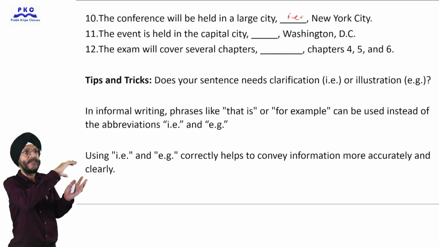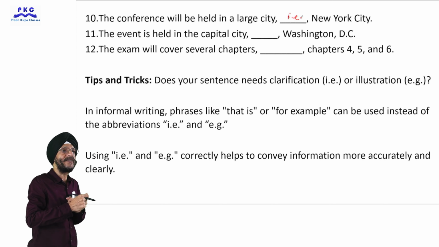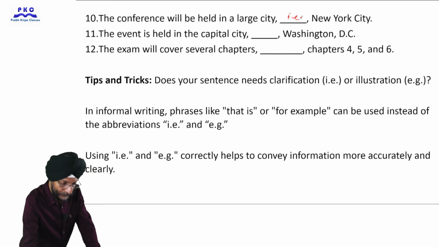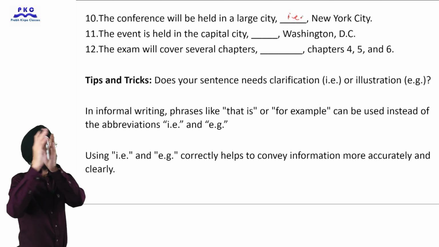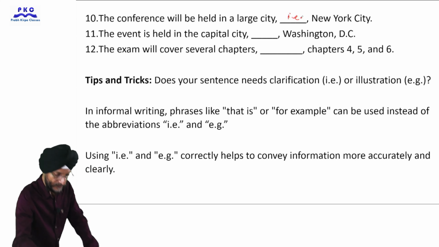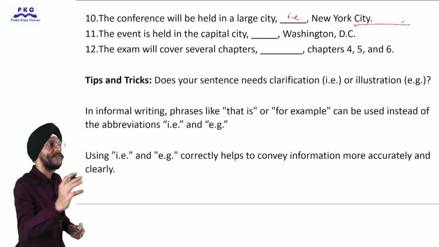We are not giving the examples of the large cities in which the conference may be held. If there had been many cities mentioned, New York and some other cities mentioned one after the other, then we would use e.g.